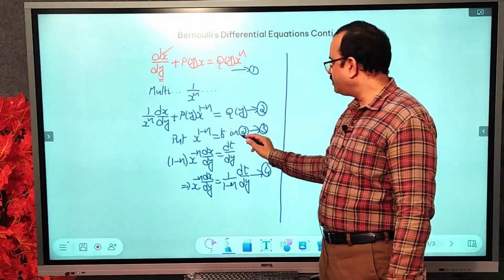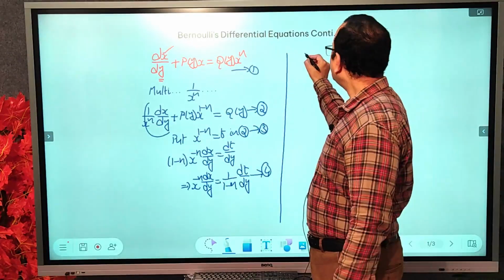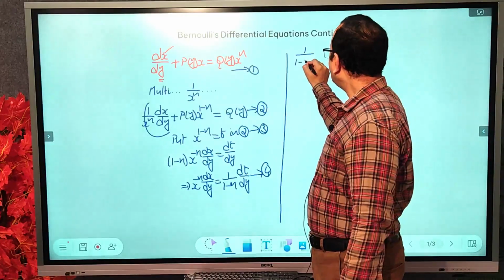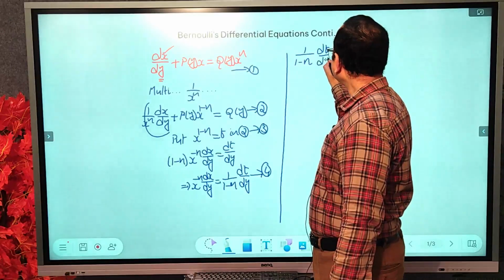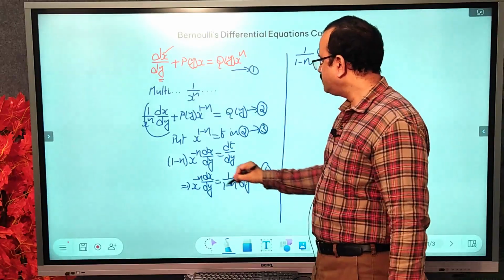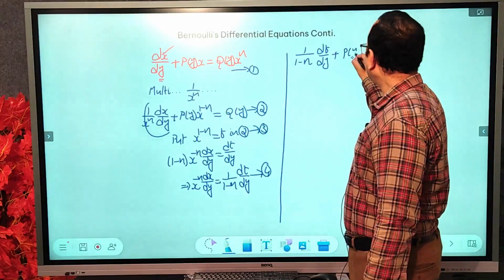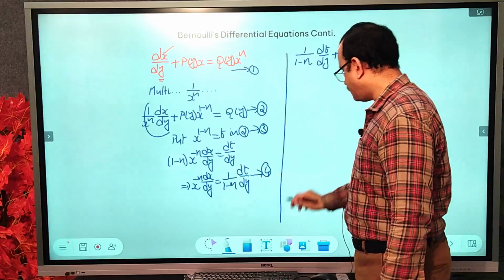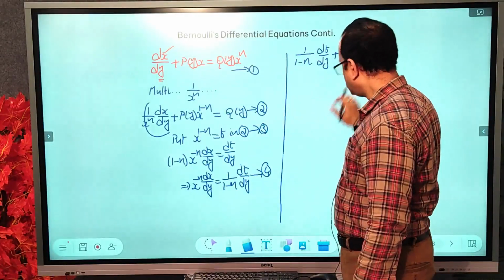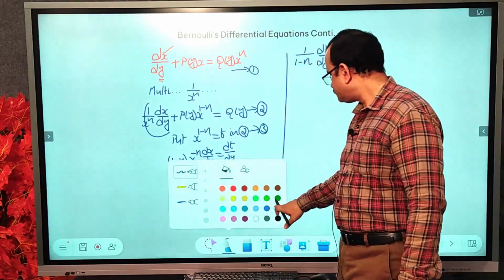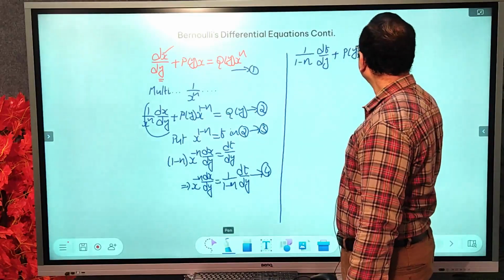Now if we replace all these things, first of all we replace this term, which is nothing but 1 by 1 minus n into dt by dy, plus p of y into x power 1 minus n. Now x power 1 minus n can be written as t.